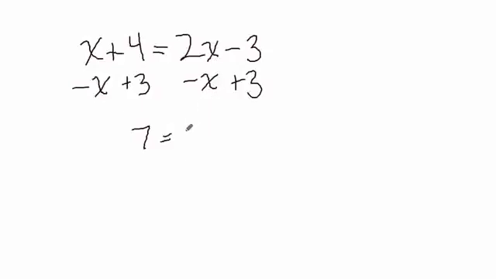On the right side, we'll have a single x left over. After making those adjustments, it should be pretty clear that the value of the mystery variable that satisfies both sides is 7. In fact, if you replace the x in the first equation with 7, you'll see that both sides are indeed 11.